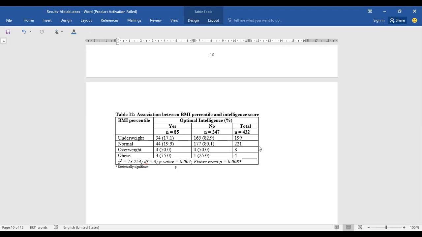Because if you see their total, the column total is 85, and the row total is either 8 or 4. If you multiply 85 by 8 divided by 432, it will be less than 5. If you multiply 85 by 4 divided by 432, it will be less than 5.